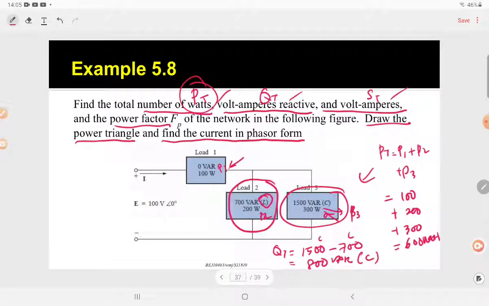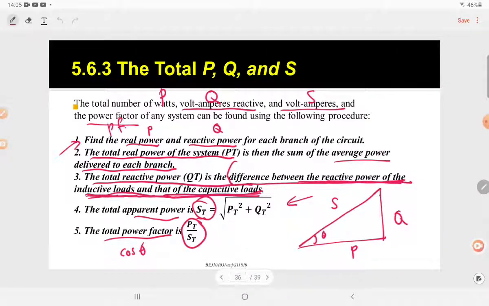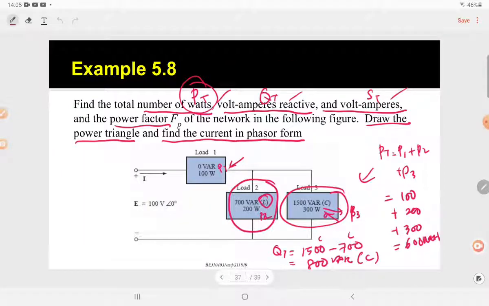And then last one, we need to find the volt ampere. Volt ampere is given by the apparent power ST. So therefore ST is actually the square root of PT squared plus QT squared.